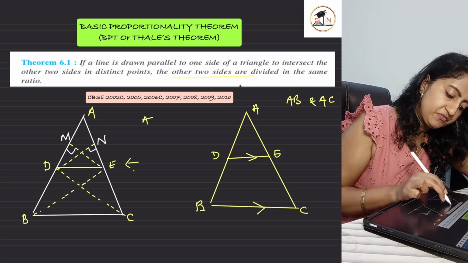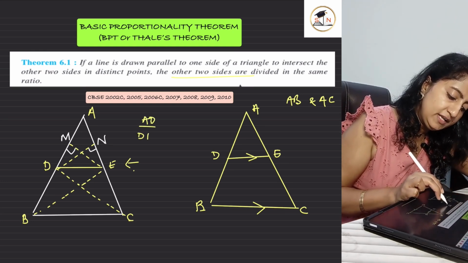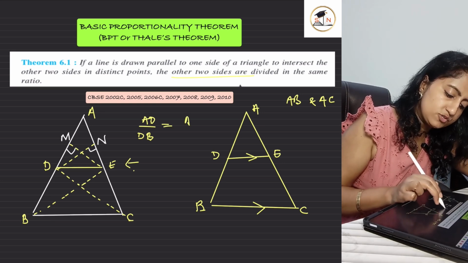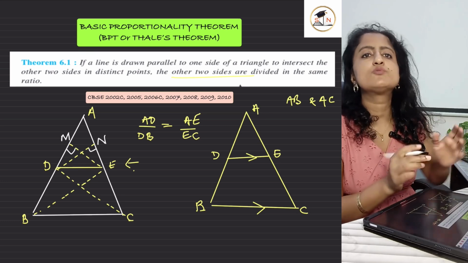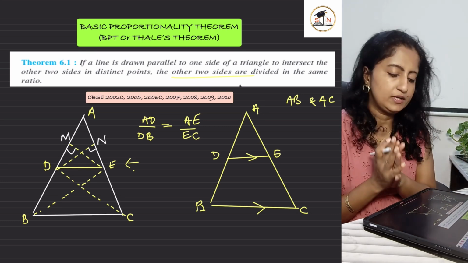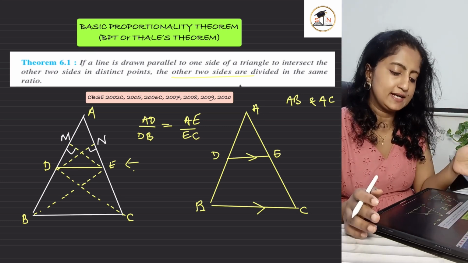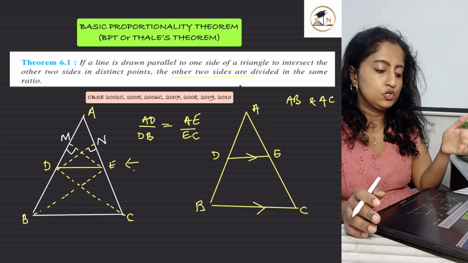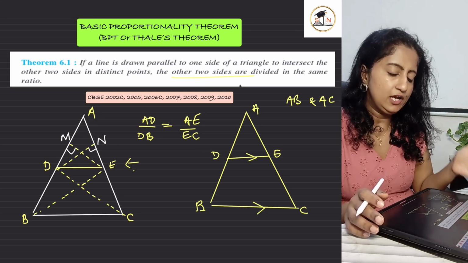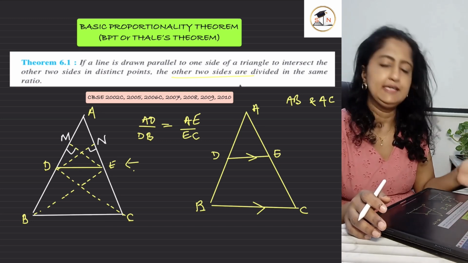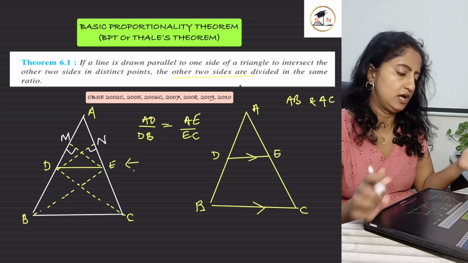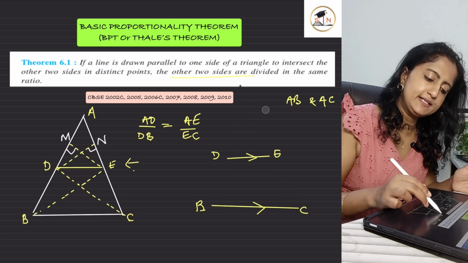Basically, they are saying that AD over DB has to be equal to AE over EC. This is what they are claiming. Are we clear with it? So what exactly they are saying? They are saying to prove that AD over DB is equal to AE over EC. Now, we have understood what needs to be proved.